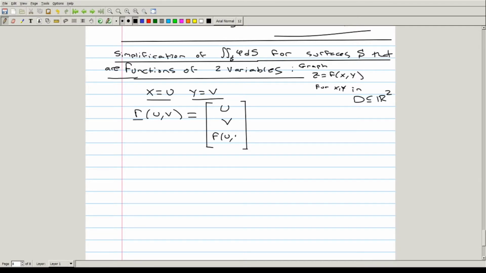So f of u v. And this is the correct way of parameterizing the graph of any function. This is, by the way, possible for parametric curves as well. If you have a curve that's expressible as a function of your variables, a simple parametric curve, which we saw in the gravitation example when we covered it in the previous lecture.